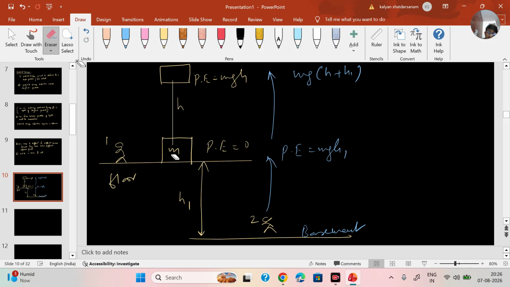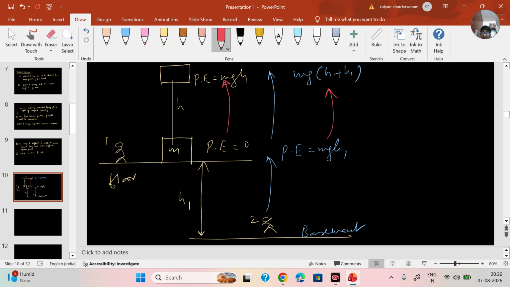On the other hand, when the block goes to height h, person 1 says the potential energy is mgh, whereas person 2 says potential energy is mg(h plus h1). Again, there is a quarrel. But note one thing, the increase in potential energy for both is the same. This fellow says change in potential energy is mgh.